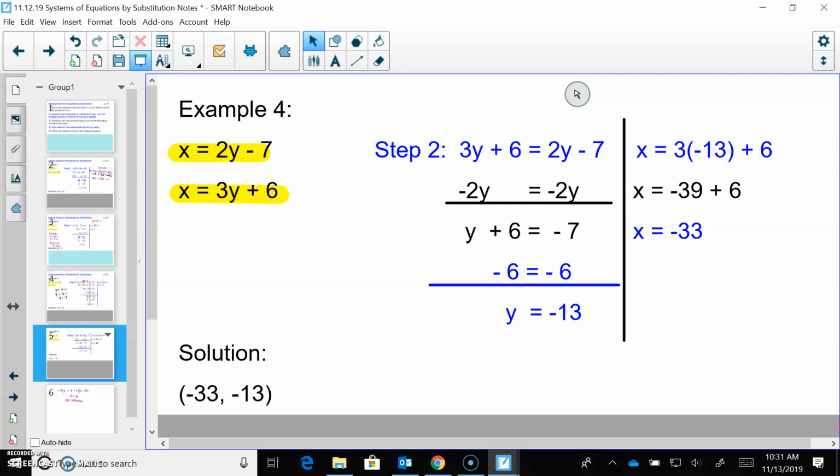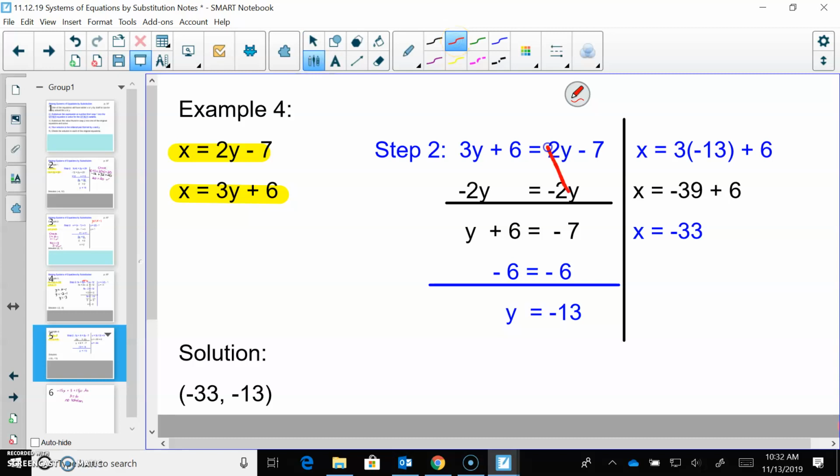Then from there, all I do is start trying to solve for the variable, which in this case is y. So I like my variables to stay positive, so that's why I subtracted 2y to begin with, because I know when I do 3y minus 2y, it's going to give me a positive y. And then I brought down the plus 6 equals negative 7 from there.